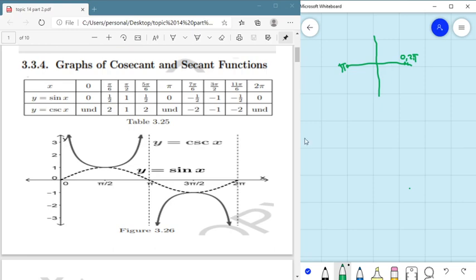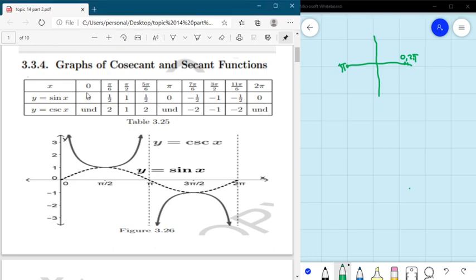That is why they are undefined. Notice that in our illustration, the sine of 0 is 0, sine of pi is also 0, and sine of 2 pi is also 0. So that is why the cosecant there is undefined.